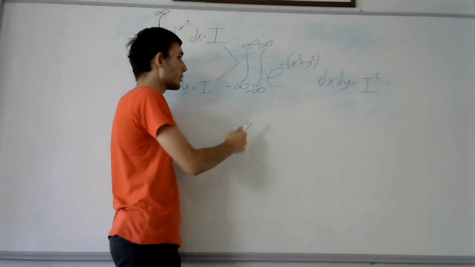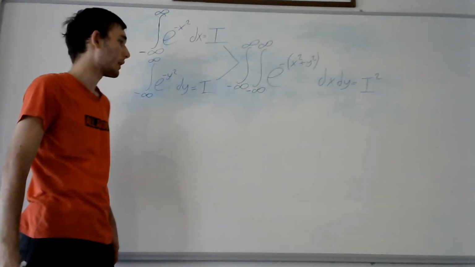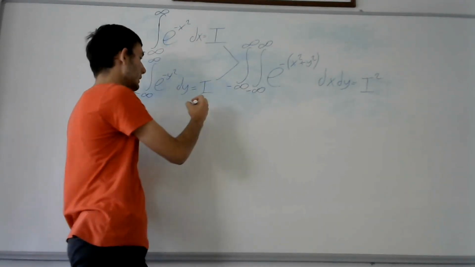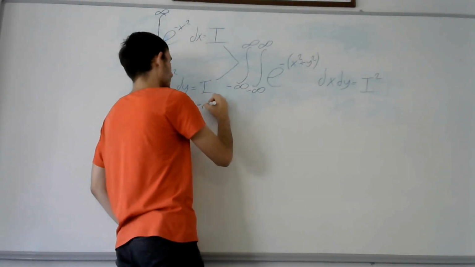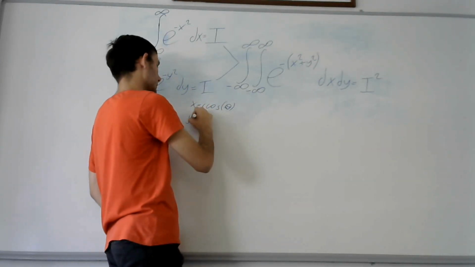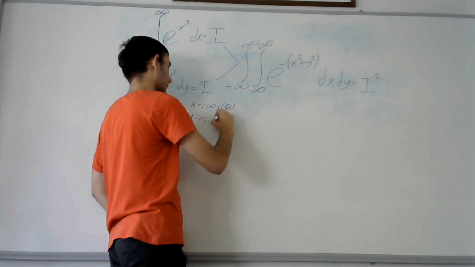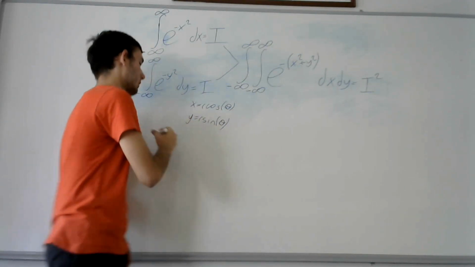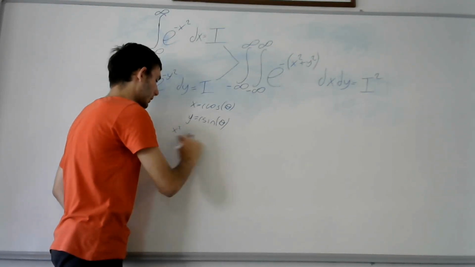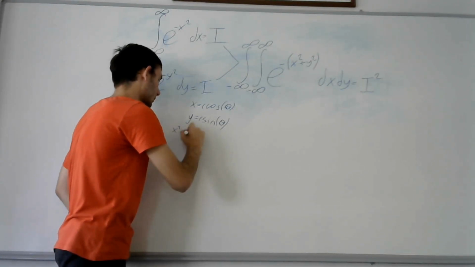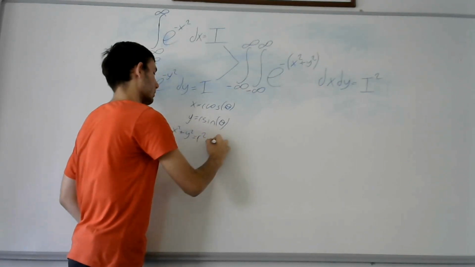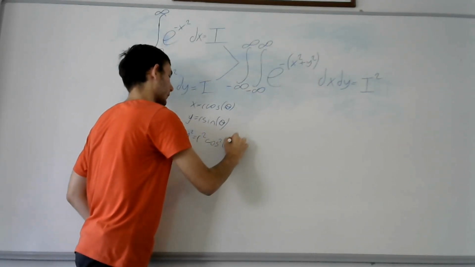Now let's do the standard Cartesian coordinates to polar coordinates conversion, which is just going to be x equal to r cosine theta and y equal to r sine theta. So x squared plus y squared will equal r squared cosine squared theta.